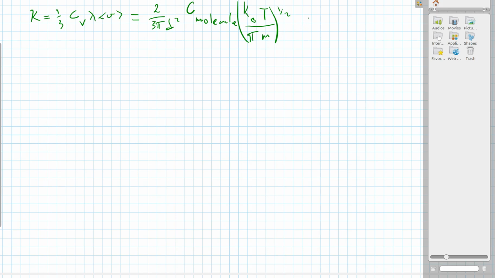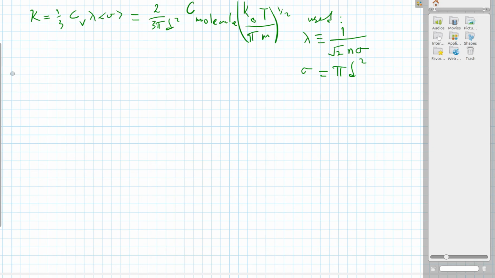Here we have used the mean free path as 1 over square root of 2 times n times sigma. And we've considered the cross-section sigma to be pi d squared, where d is on the average the diameter of the molecules.